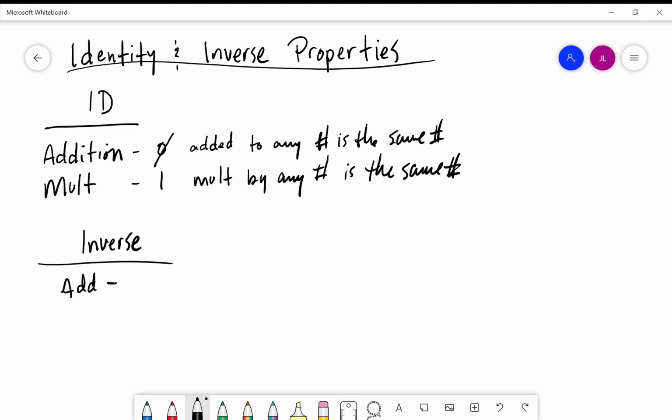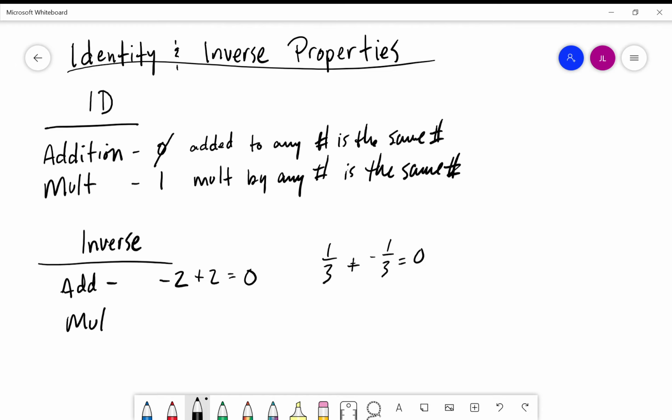So for example, if we have -2, the inverse of that is 2. We add them together, we get 0. Just like if we had 1/3, the inverse of that added to it, plus -1/3, is 0.